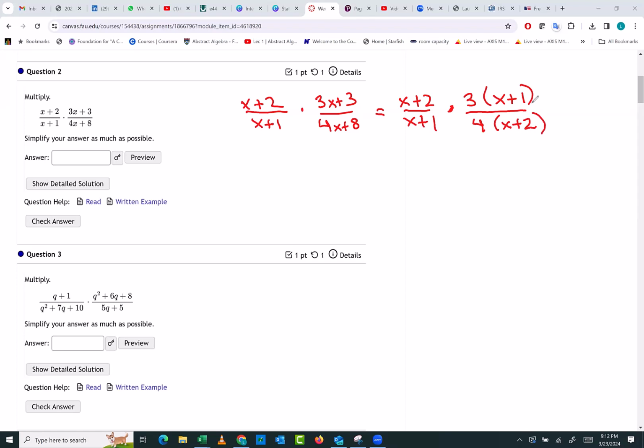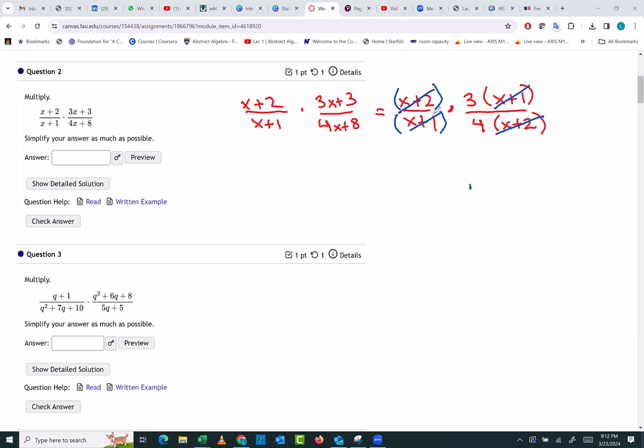Now, I can cancel x plus 1 with x plus 1, x plus 2 with x plus 2. Those are pieces that are individual to themselves. We can't cancel just the x or just the 2, but I can cancel x plus 2 as if that is one number, because it is.